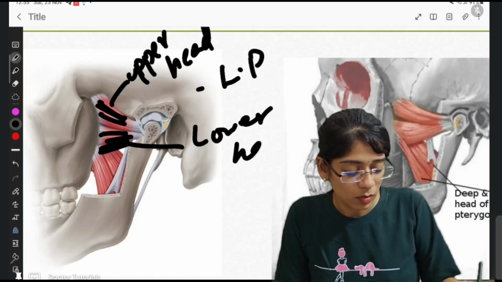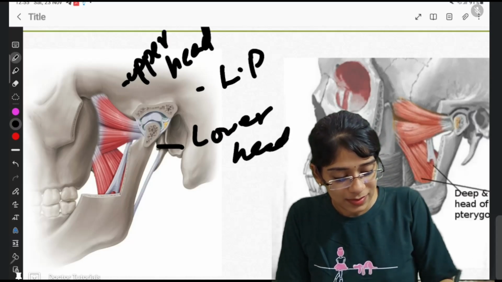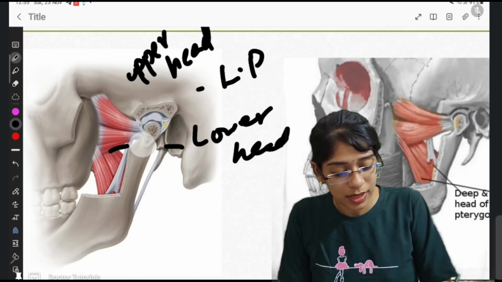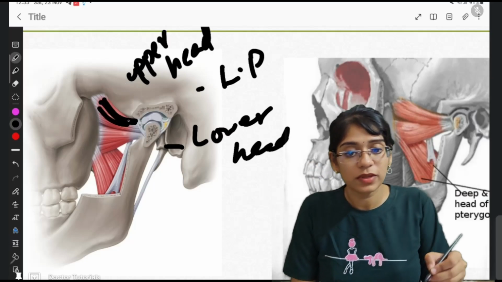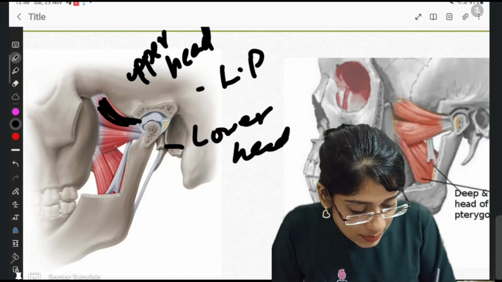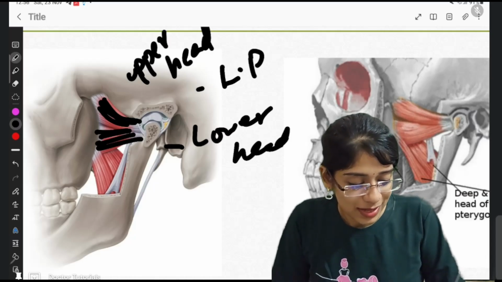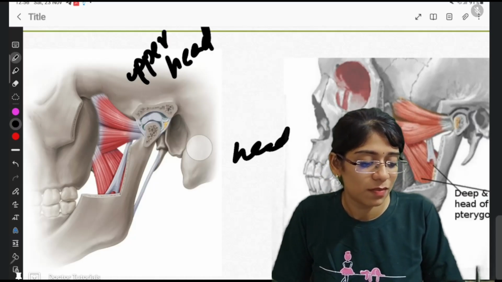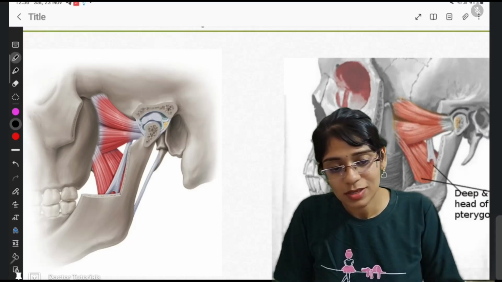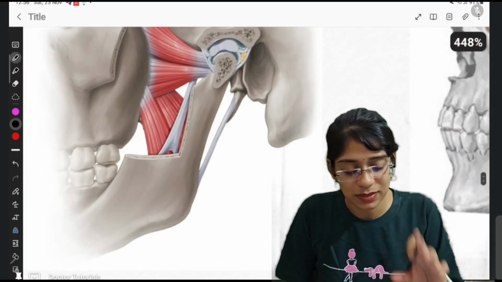So once again, this is your lateral pterygoid, this is the upper head, and this is the lower head. Now the examiners like to ask questions from lateral pterygoid, so just remember this muscle.